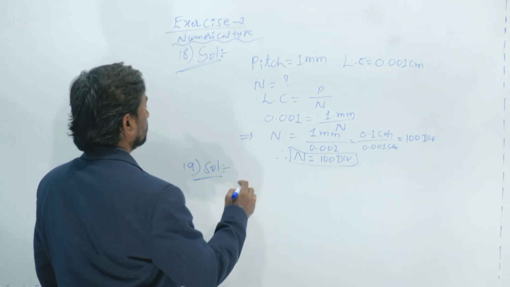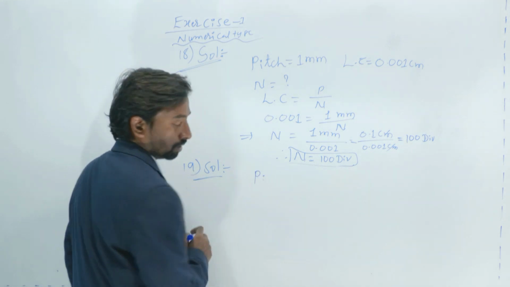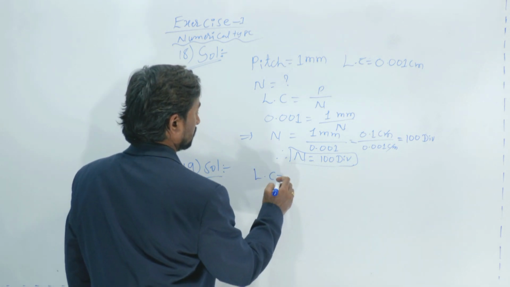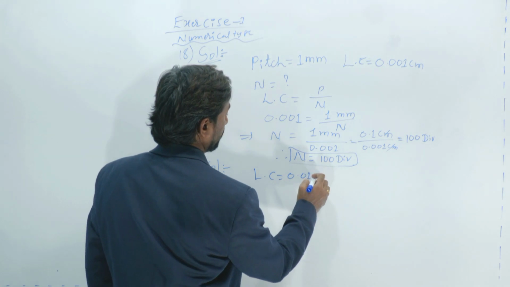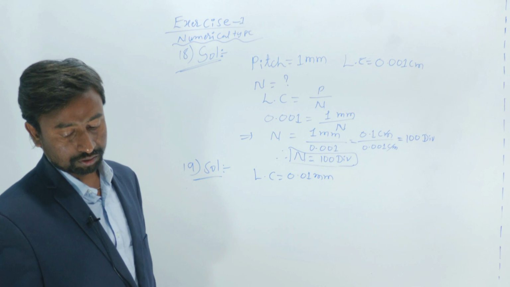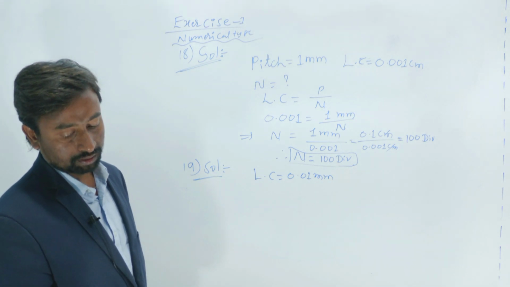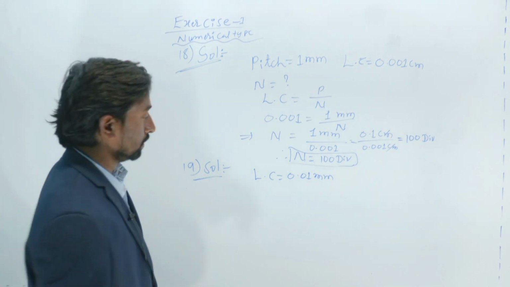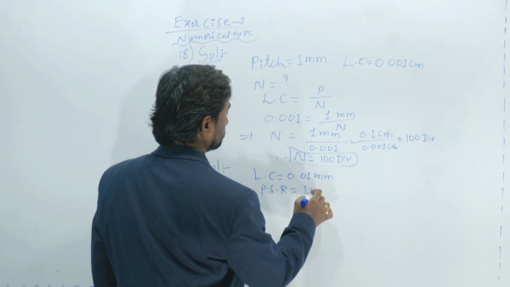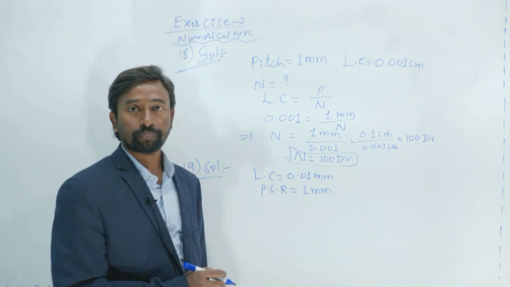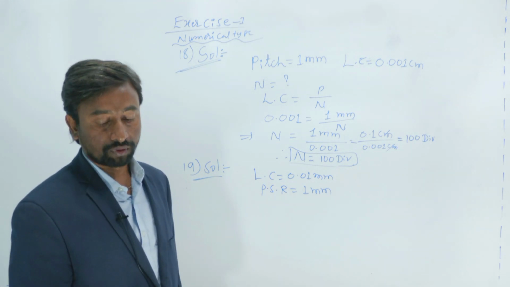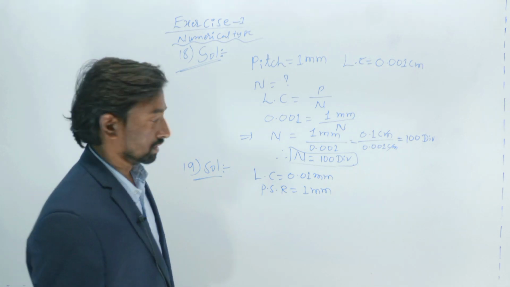Here the least count LC is given there, 0.01 millimeters. The reading on the sleeve is found 1 mm, so PSR is 1 mm. And next it is given the reading on the thimble is found to be 27 divisions.